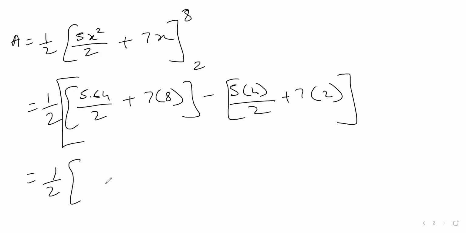And this is 1 by 2. This will be 32. So 5 into 32 is 160 plus 56 minus 10 plus 14.